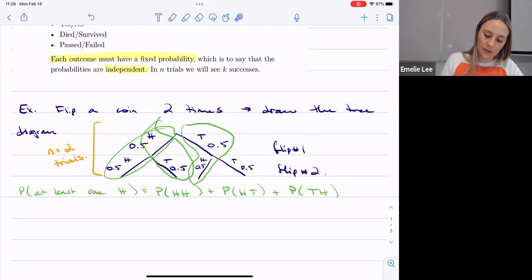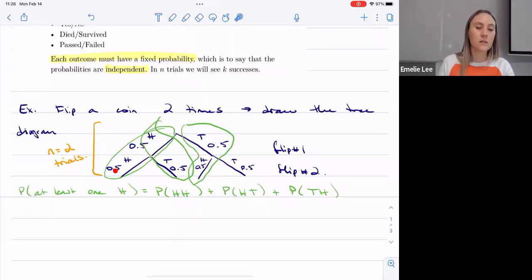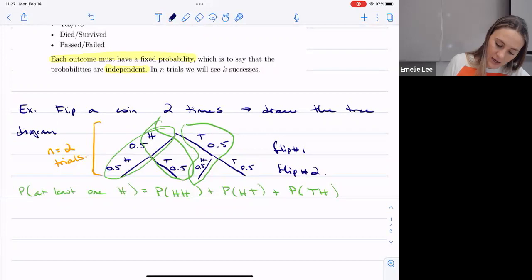And so then in n trials, we're going to see k successes. Right? And so the number of successes, right, here I have head, head, here I have head, tail, tail, head, tail, tail. And so here I have 2 successes. Here I have 1 success.